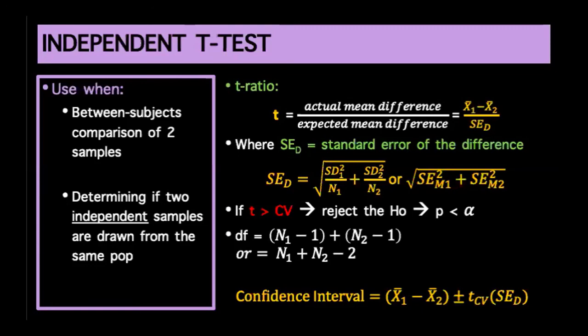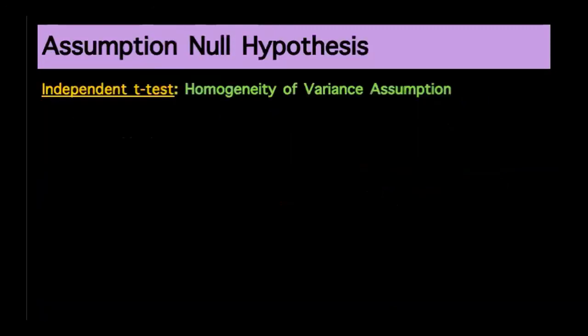Similar again to our single sample t-test, we have different null hypotheses. There are a couple of different separations that I need to make, though, because if you recall from our assumptions list, we had normally distributed data, random sampling, our independent and dependent variable characteristics, as well as our homogeneity of variance assumption.